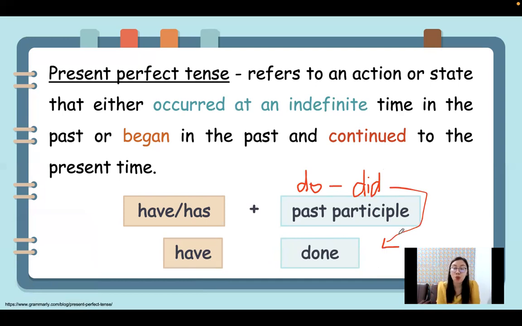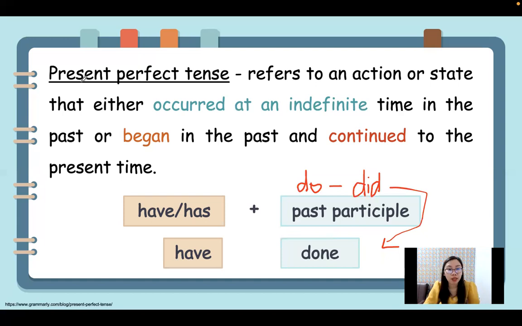There is no technique. You need to remember and look for the past participle of the words for irregular verbs, but for regular verbs, you just need to add ed or d.